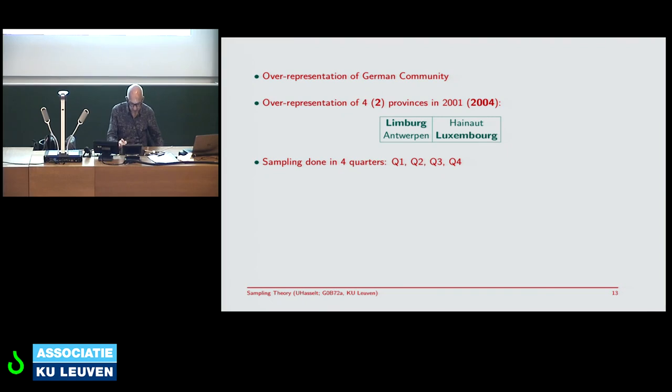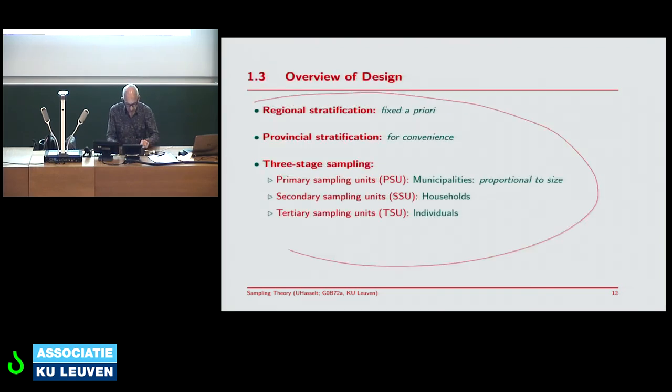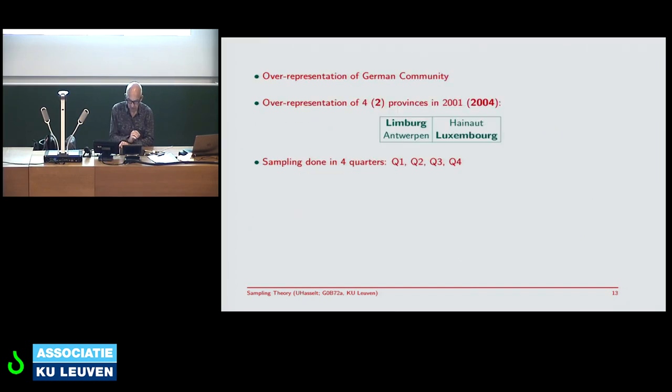Okay. In giant steps, what I've now circled is the design. But there are a few remarks to be made further. The German community is overrepresented. And the reason is, well, Belgium being, I will be using the number 10 million. It's actually closer to 11 million, but for rounding of figures, 10 million is easy, right?